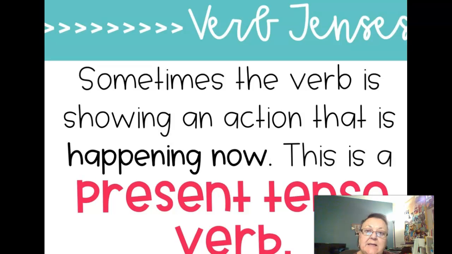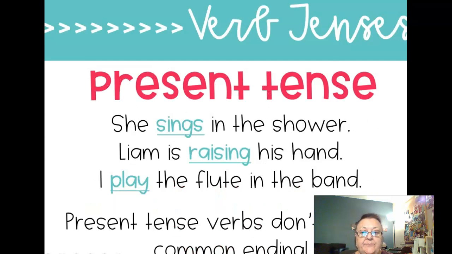They're in the past tense, which means they happened yesterday or before, or they're in the future tense, means they'll happen tomorrow. They will happen later, at a later time. So sometimes the verb is showing an action that is happening now. When it is happening now, it is known as a present tense verb.